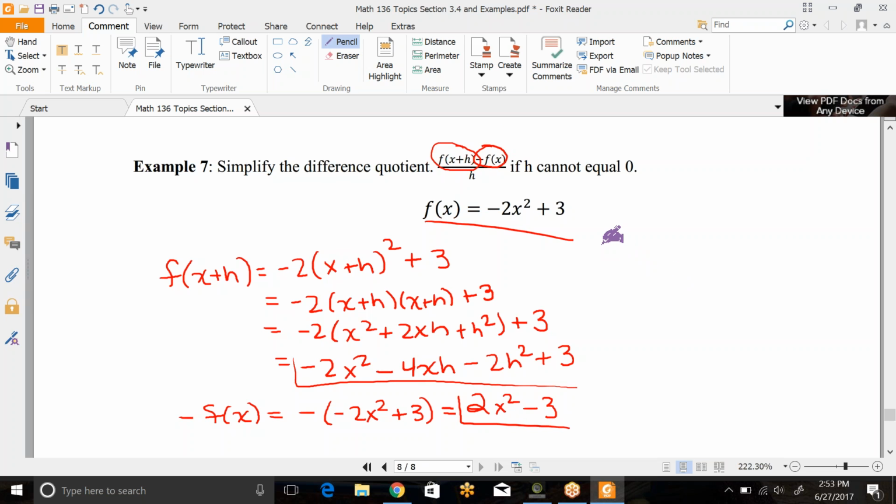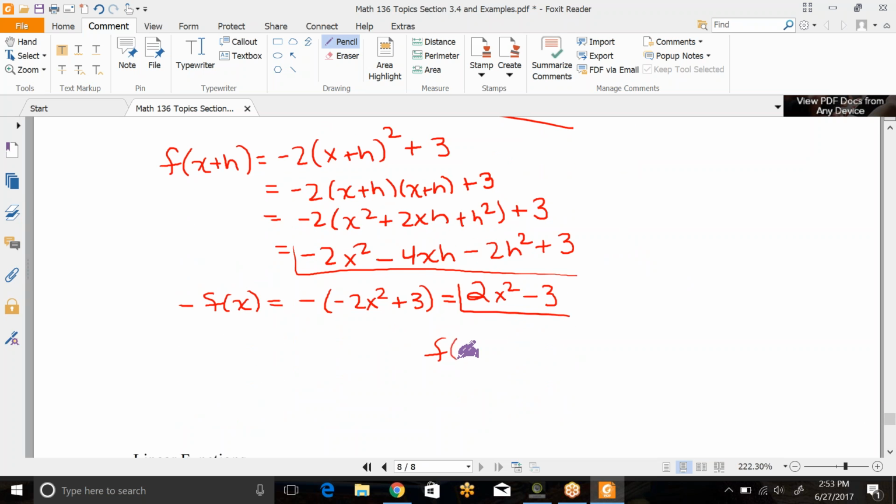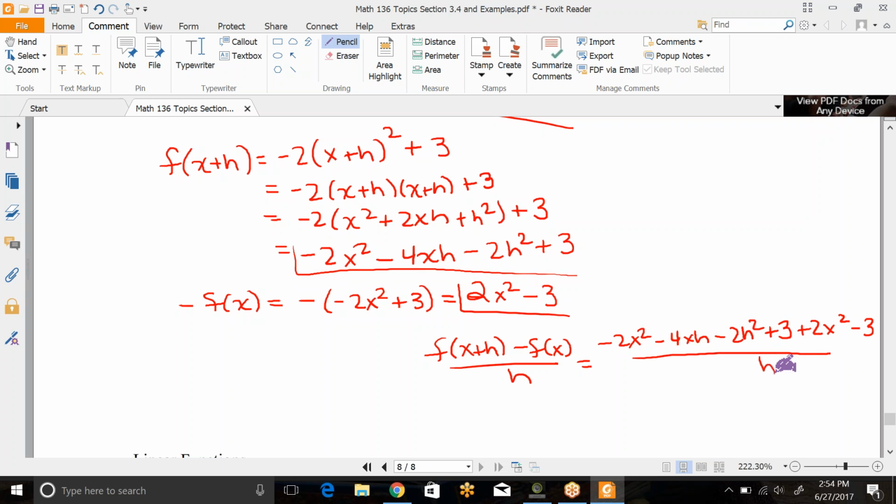So we're going to put on top, and I'll scroll down a little bit, f of x plus h minus f of x over h is negative 2x squared minus 4xh minus 2h squared plus 3. Then we write this part, plus 2x squared minus 3 all over h.